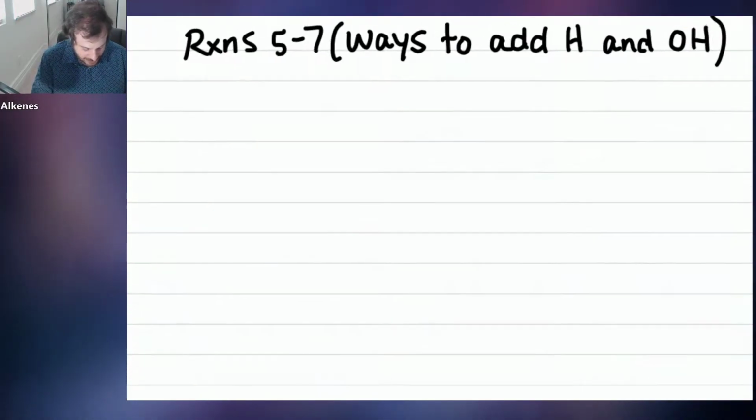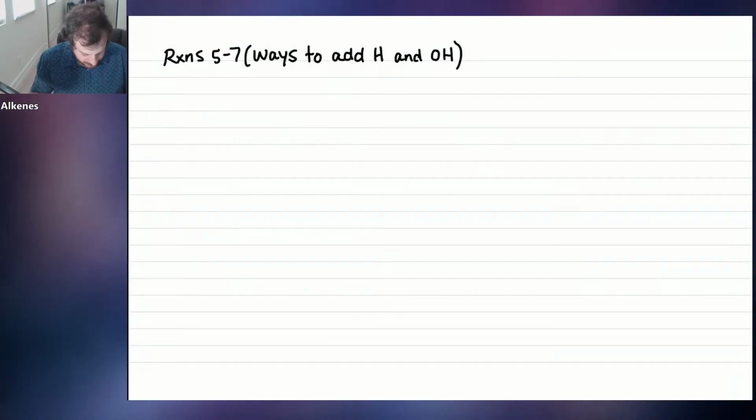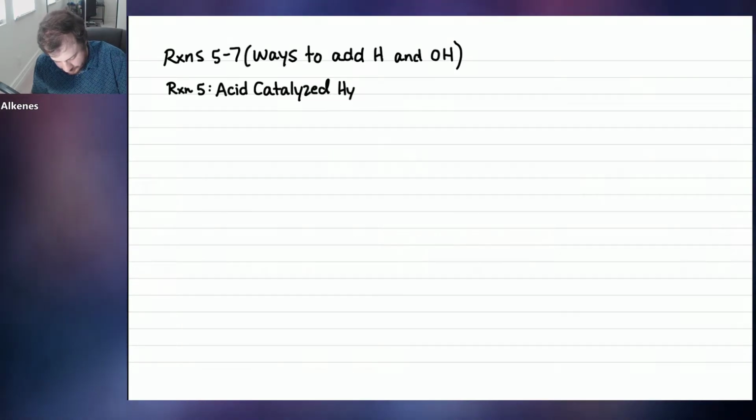Okay, let's take a look at reaction 5. I'm going to do the full screen here. So reaction 5 is called acid-catalyzed hydration. Okay, and let's take a look at what this reaction is.